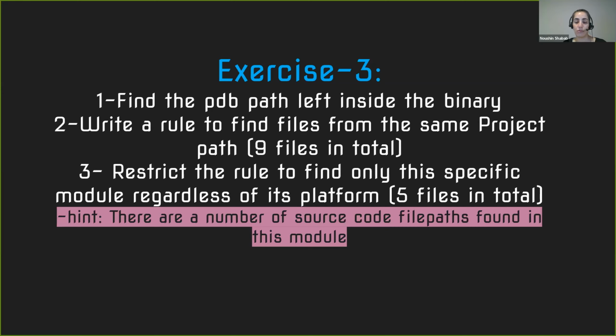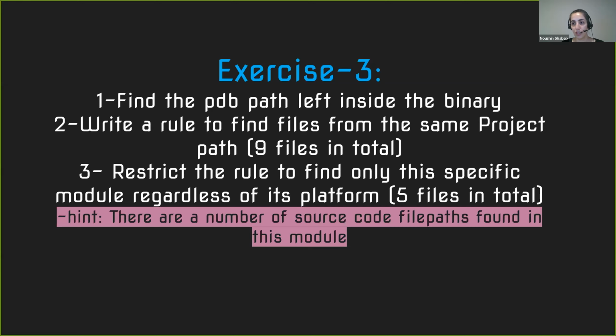You can see that with the exercise file, there are a number of source code file paths, not the PDB path specifically, but source code paths inside the file. And other examples of this module have the same number of source code file paths inside them.